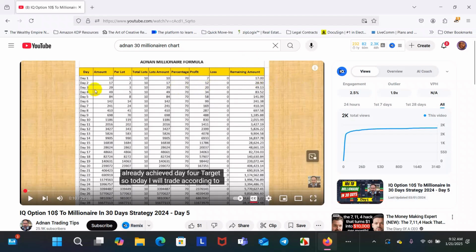So if you get to day two, you started off at $17, your profit goal is $12, but your loss goal is $7.